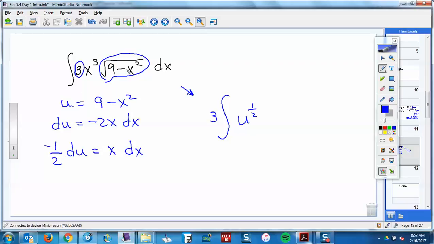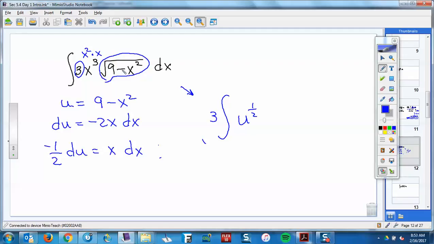Sort of. Right? Okay. Isn't there an x dx? Oh, I froze it. Right here. Isn't x cubed the same as x squared times x?